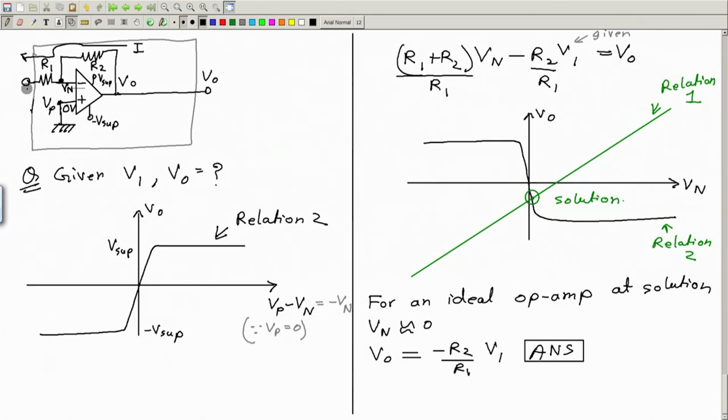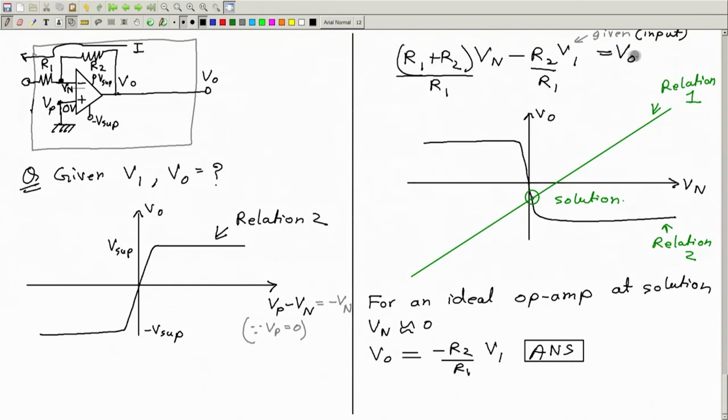Okay, what's next? Next let us see how the output will change if we change the input. Input is V1. So if we change input, this term will change, this will remain same.